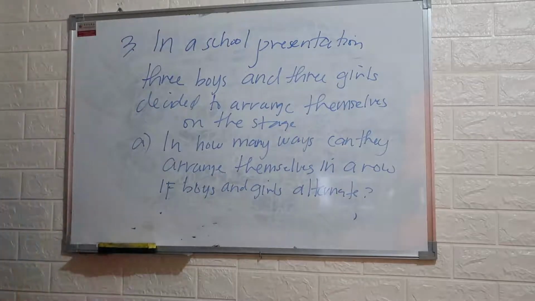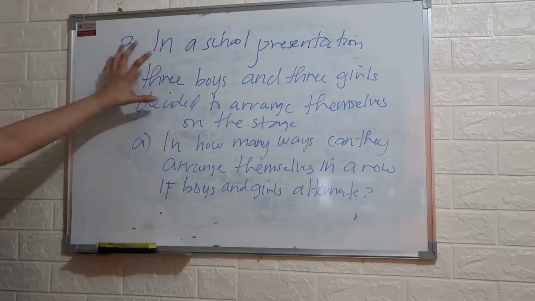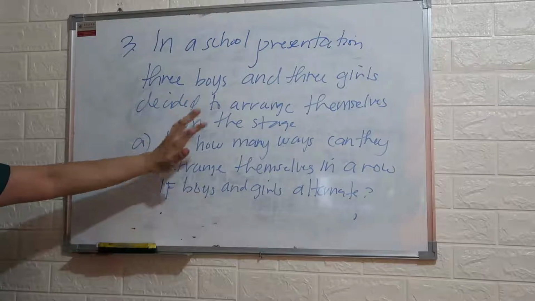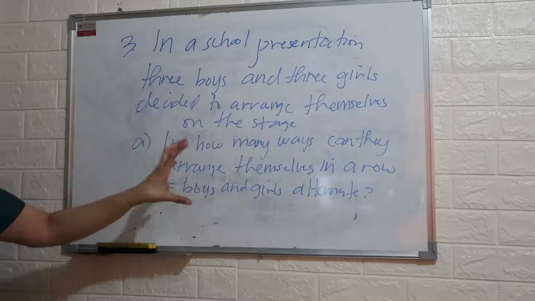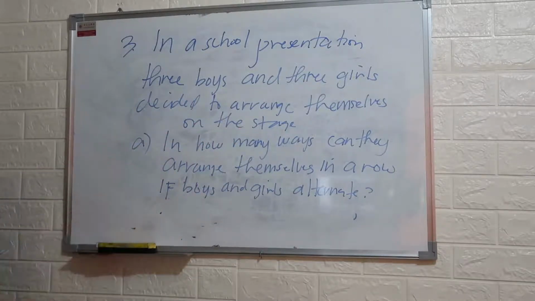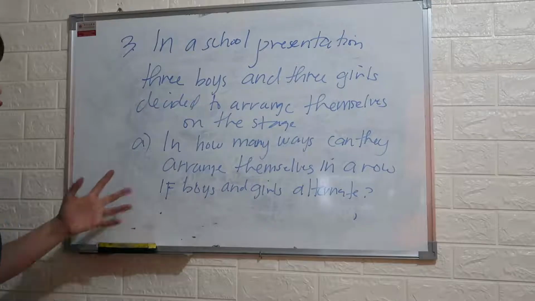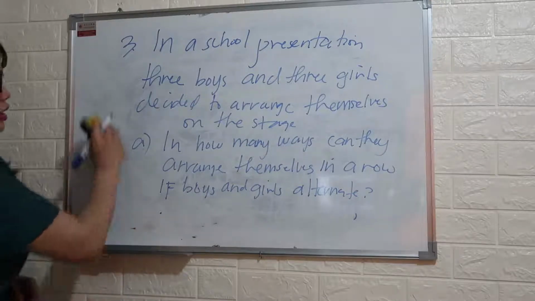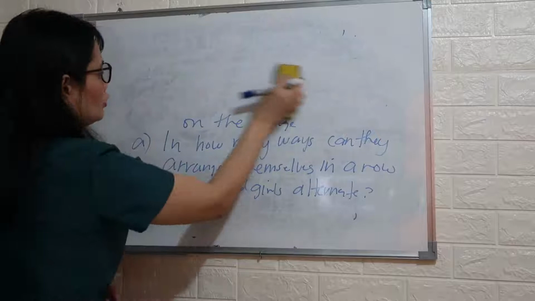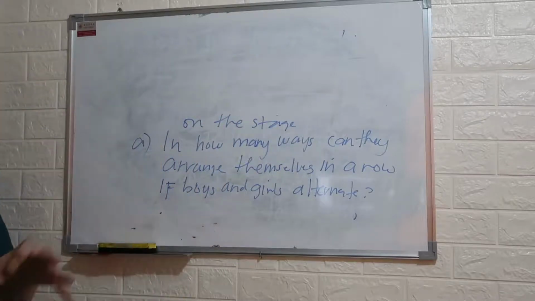Okay, so the first condition. In a school presentation, 3 boys and 3 girls decided to arrange themselves on the stage. The condition: in how many ways can they arrange themselves in a row if boys and girls alternate? So how do we answer this one? Alternate. We have 3 boys and 3 girls.